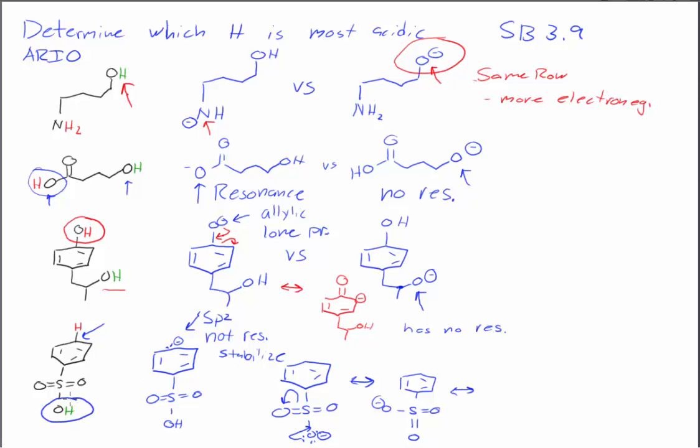So this green hydrogen is the most acidic hydrogen in this bottom molecule because it's attached to not only an oxygen, so it wins with A. I should have started with A, not resonance. Not only is it an O minus versus a C minus, but that O minus has some resonance too. So we have both A and R in this case helping us out.